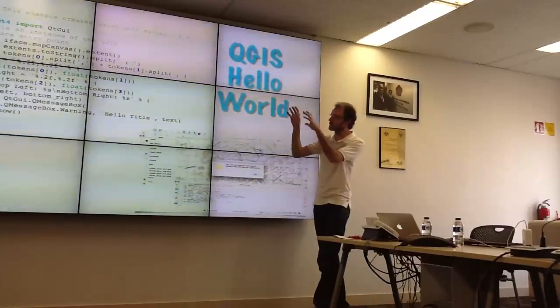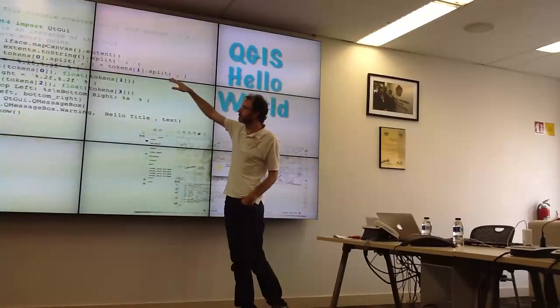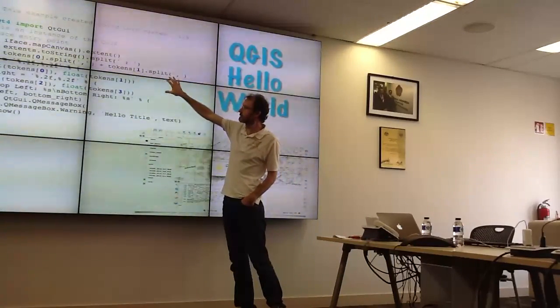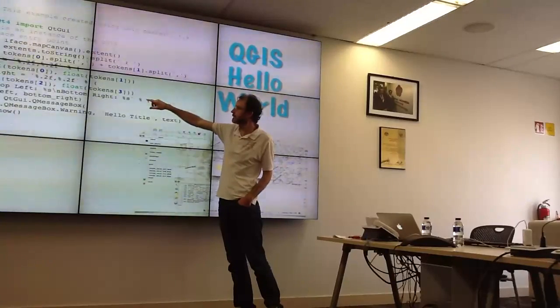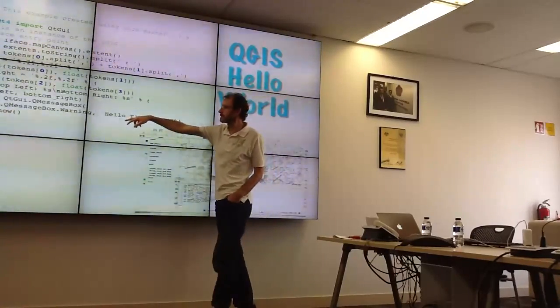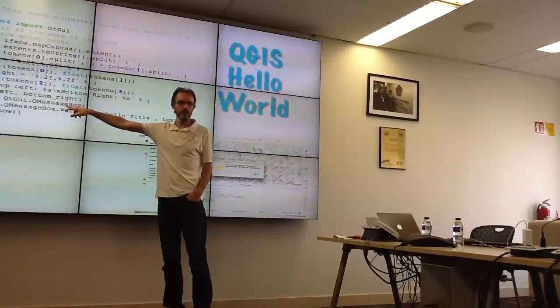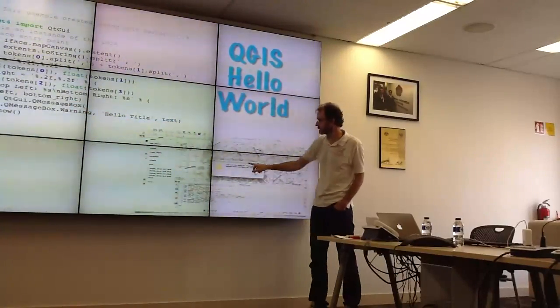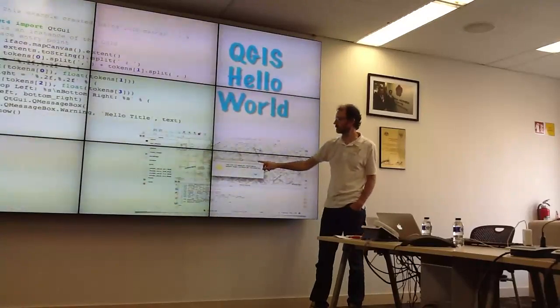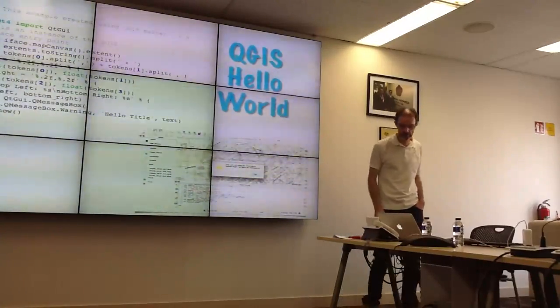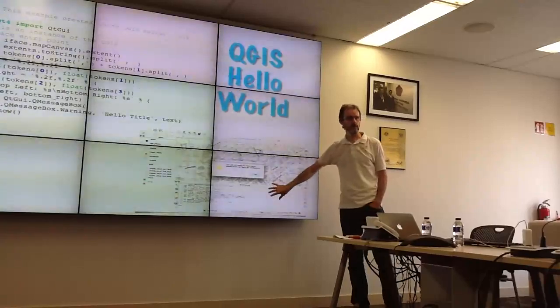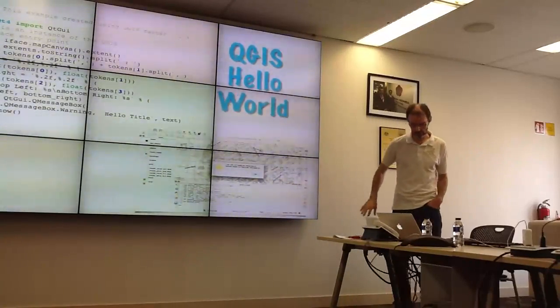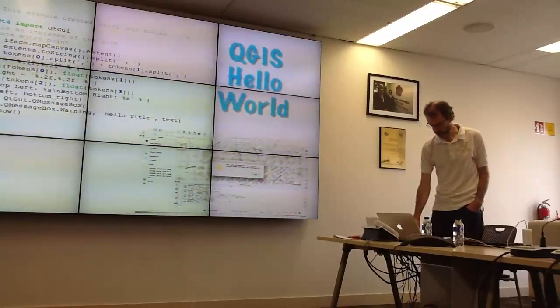I can ask it to split it and do some normal manipulation of that. It comes back as a list, or I can create it into a list, and then I make some text, and then I can use the Qt API to display a message. So I've created a QMessageBox, and I'm displaying the QMessageBox in QGIS there. So right from inside of QGIS, I can program using Qt and make it do things.